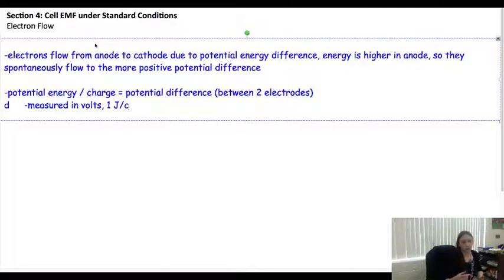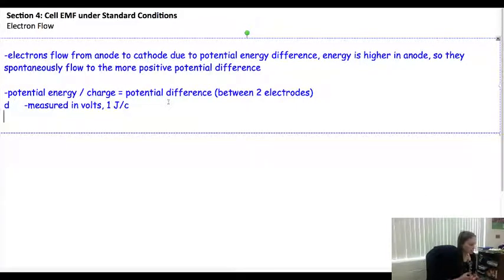Coulomb is C, and that is a charge unit. So potential difference is the energy per charge. We call it potential difference. Slightly different, but very similar. One's per charge, and one is just more of a general, just the energy that something has.